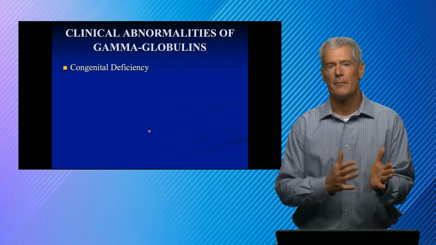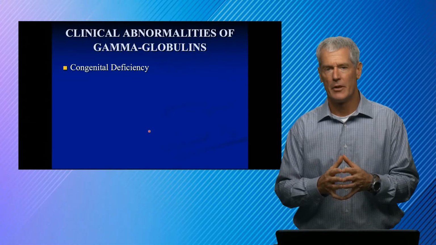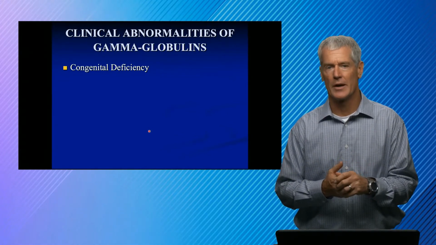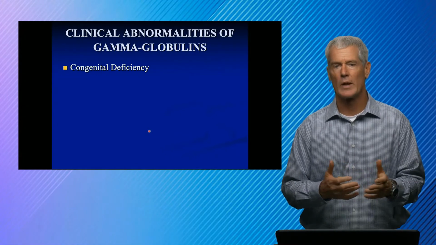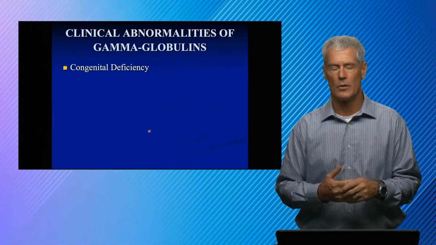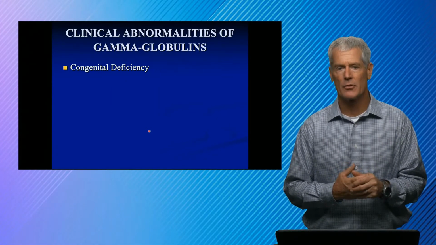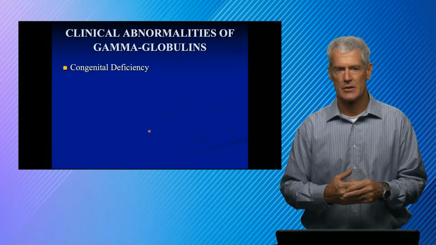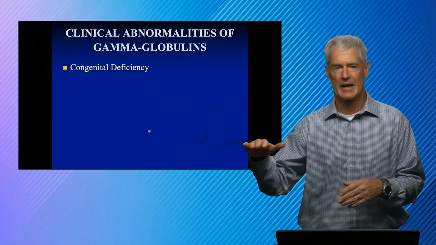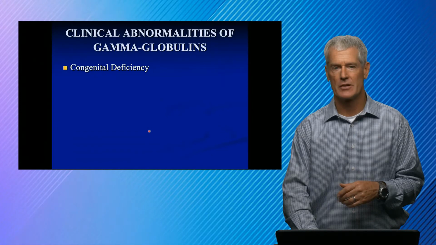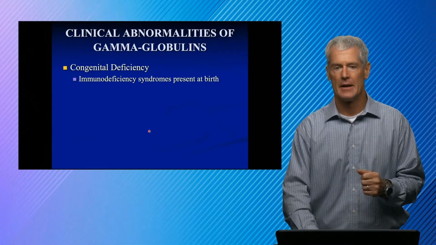So as I indicated, the most common reason for ordering an SPEP is to rule out multiple myeloma or to be concerned about Waldenstrom's. There are other things that show up, so congenital deficiencies. If you see a flat line in the gamma region, that could be due to congenital gamma-globulinemia, where you pretty much have a flat line.